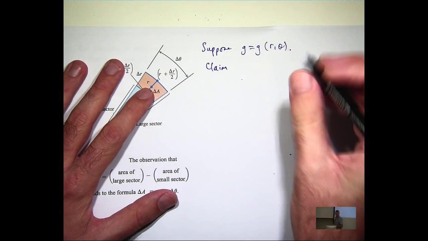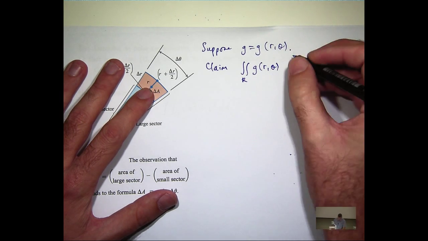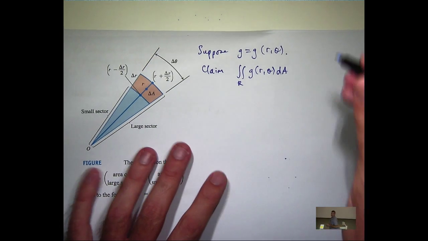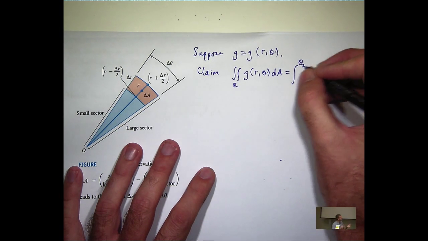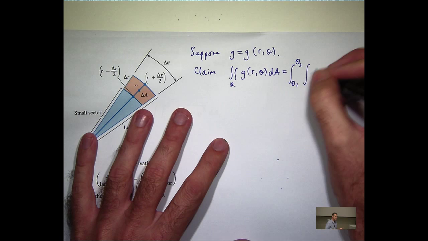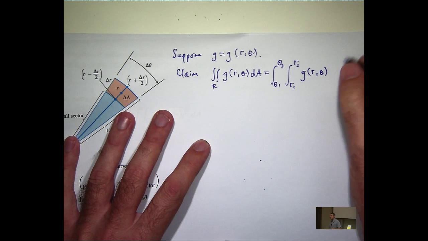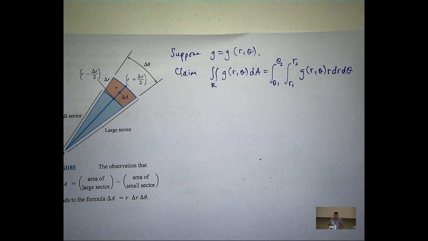I'm going to claim that the integral of g over my polar rectangle is just the following. So where does that come from?